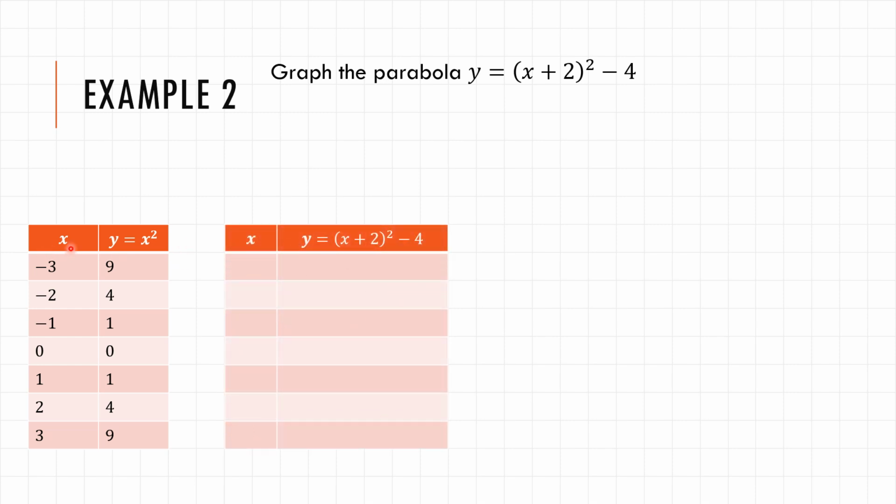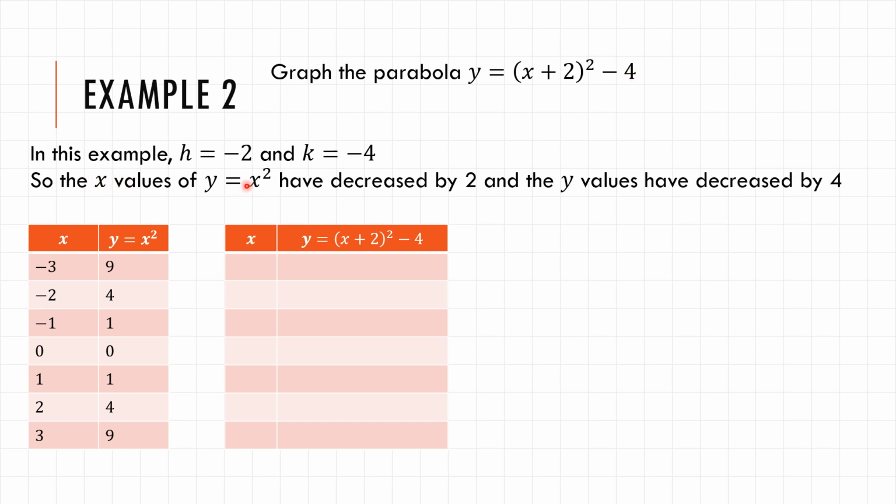Well, in our investigation, we saw that in this example, the value of h is -2. Remember, it's always the opposite of whatever you see here. And the value of k is -4. So the x values of this basic quadratic have all decreased by 2. And the y values have all decreased by 4.